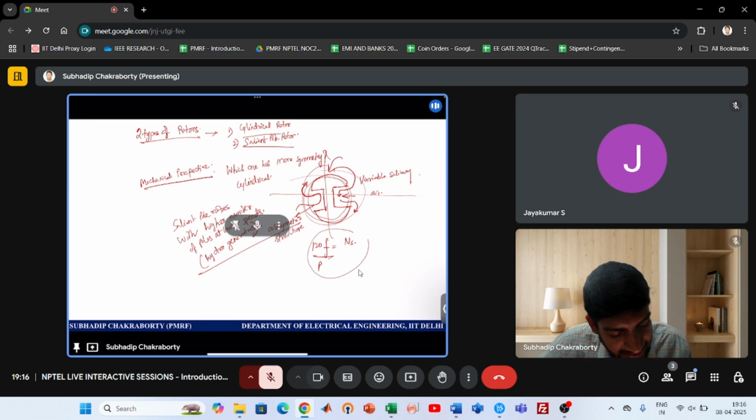If you have a higher number of poles and it is grid tied, so the frequency is fixed, then the synchronous speed is less. So for low speed applications, where you need a higher number of poles, salient poles are much better suited, and this is from an electrical perspective.